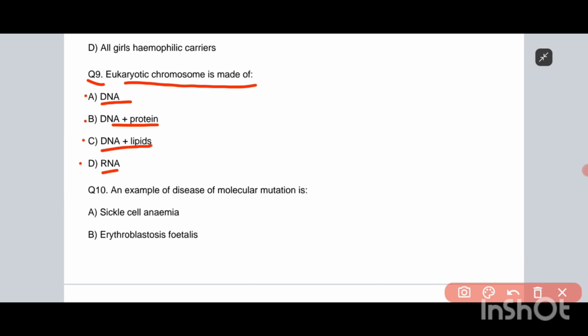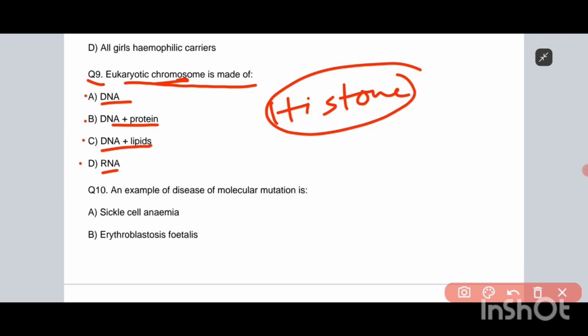We know that in eukaryotic chromosomes, the main component is deoxyribonucleic acid, and this deoxyribonucleic acid is supported by histone protein. So the correct answer is option B, DNA plus protein.